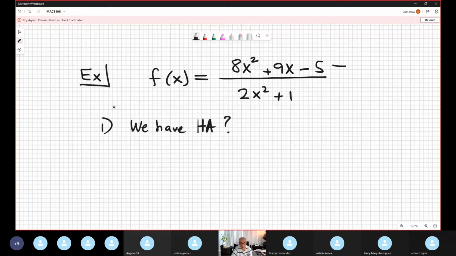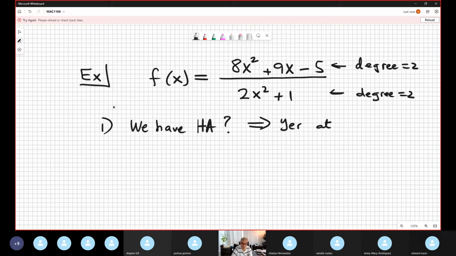Because the degree is 2, it's the classic case, not special, and this degree is also 2. The answer for that question is yes, at the value y equals something. y equals what? 4.